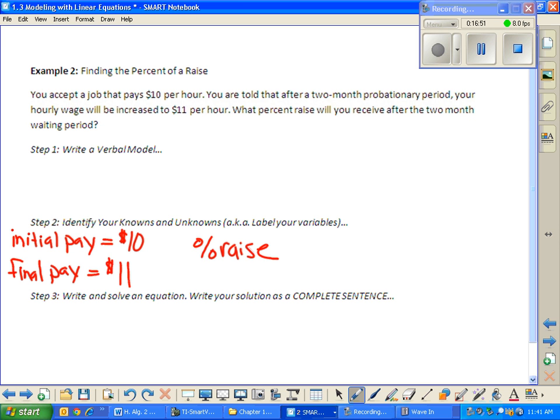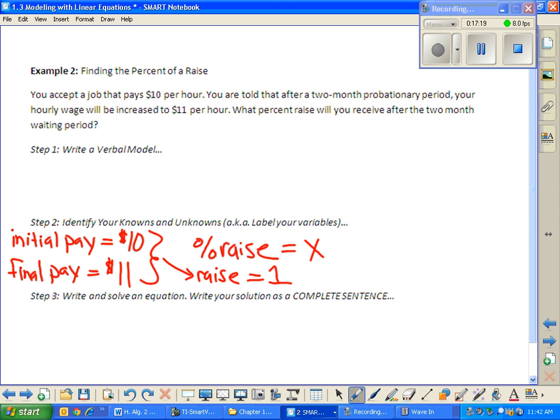X. Very good. Now, the thing is that I actually do know the raise. I don't know the percent of the raise, but I know what the raise is. Do you know what the raise is? John? Yeah, I heard it in a couple different places. Yeah. So if I calculate in my head the difference between $10 and $11, you all said it, I actually know the raise. The raise is $1.